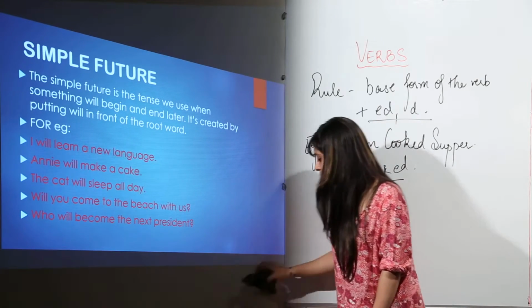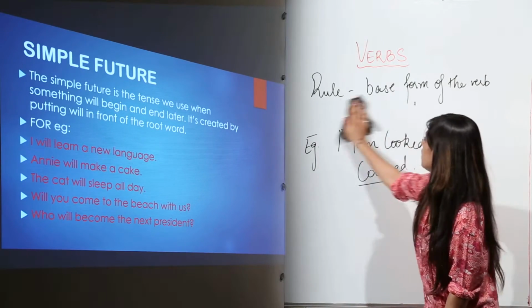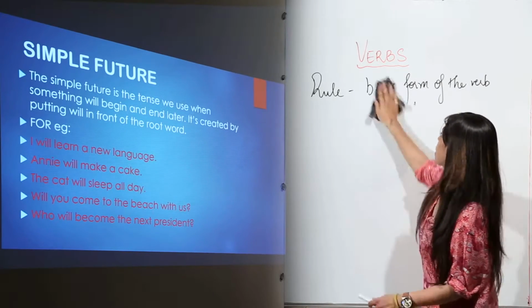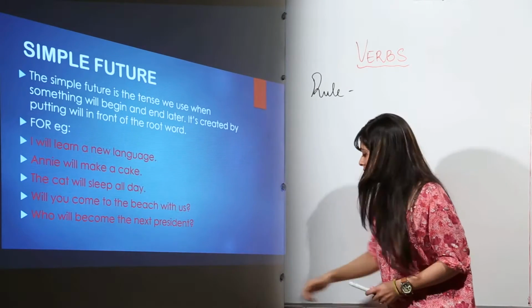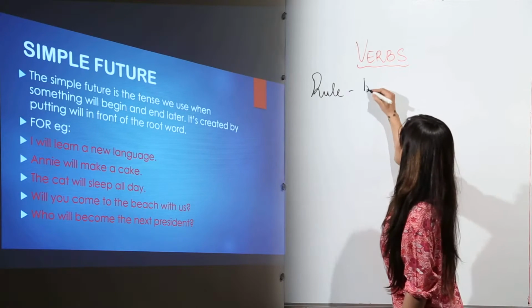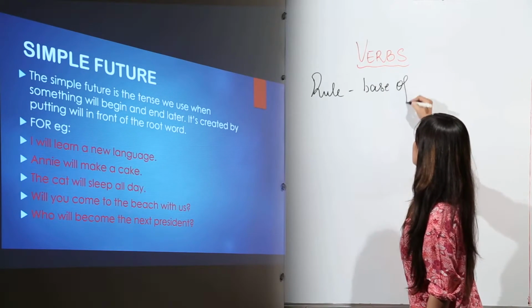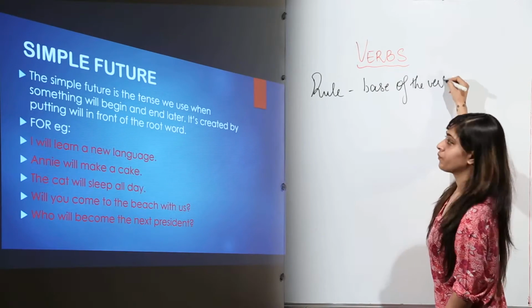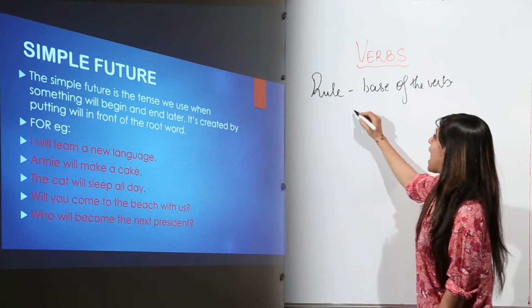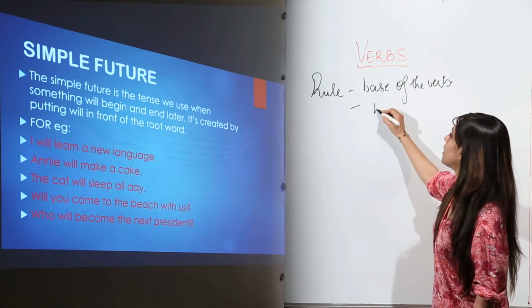So this can also be explained again with the rule. We use the base form of the verb in simple future as well, and we just add the word will.